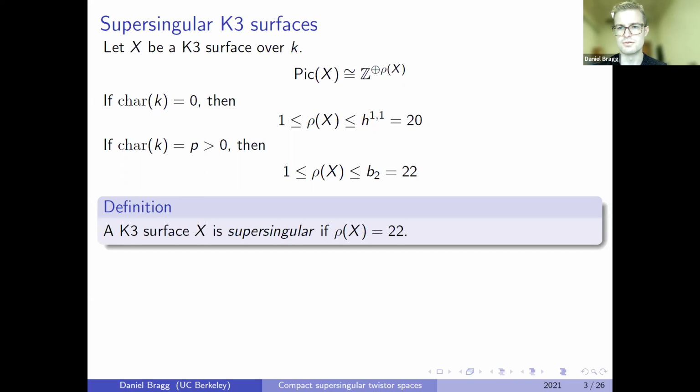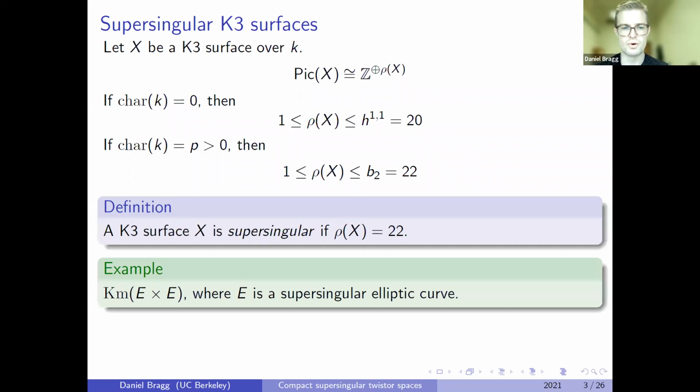What's not obvious from this definition is, first of all, whether these things even exist. They do, and here are two quick examples you can write down. One example is to take E to be a supersingular elliptic curve, the word supersingular there having its own definition. You can take E cross E and then take the Kummer surface associated to that abelian surface, and that is a supersingular K3 surface.